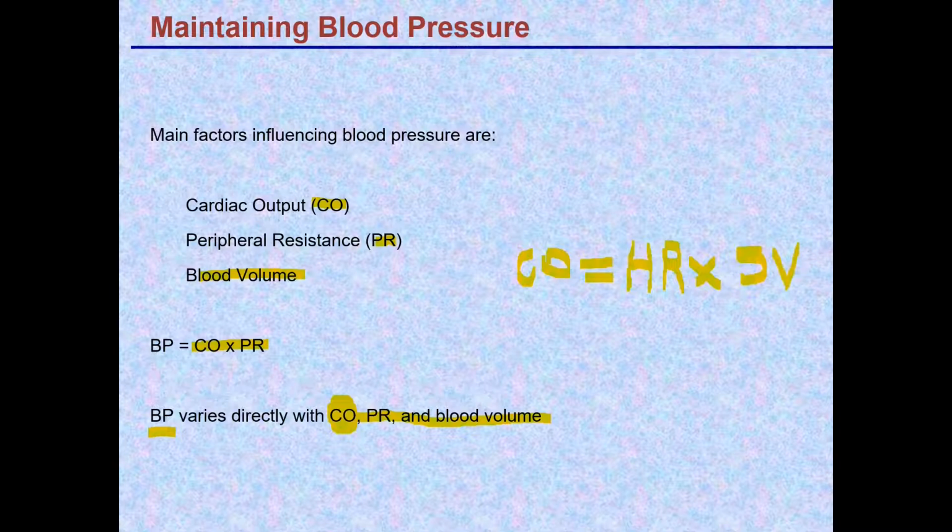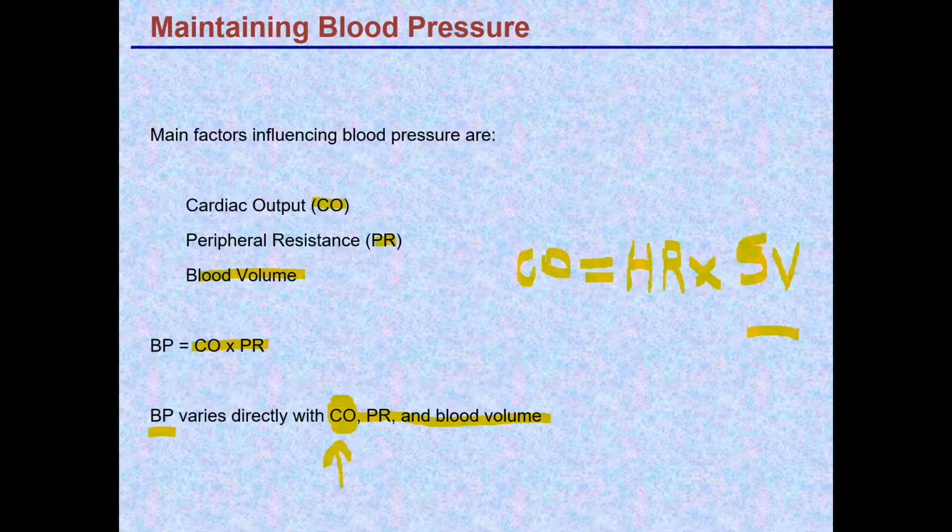The other thing is that the contractility of the heart, remember, can increase with increased sympathetic nervous system stimulation. So the heart contracts harder and squeezes out more. So stroke volume will also go up somewhat. So you can get increases in cardiac output with exercise.